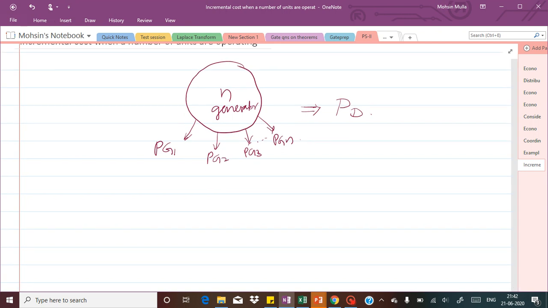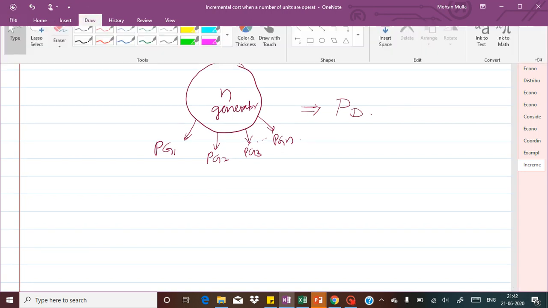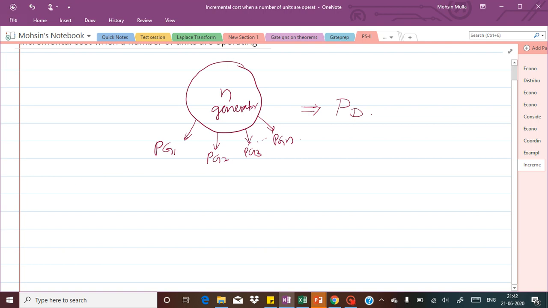From our previous discussion we know that the fuel cost for the first plant, C1 of Pg1, can be written as A plus B Pg1 plus C Pg1 square.